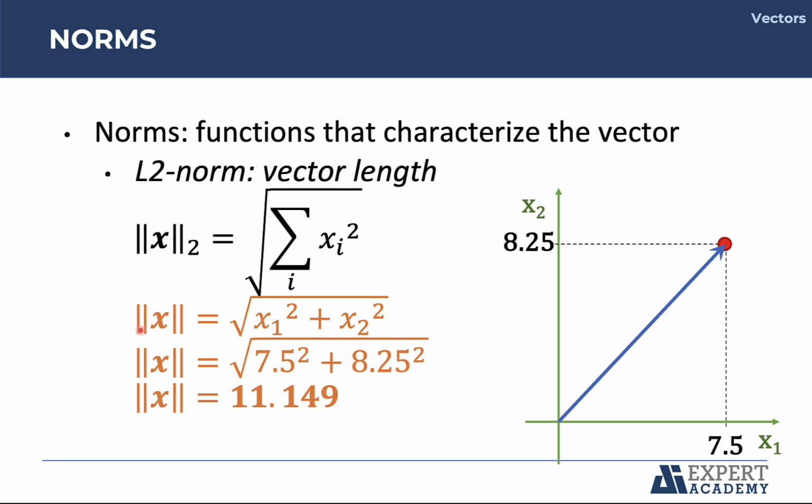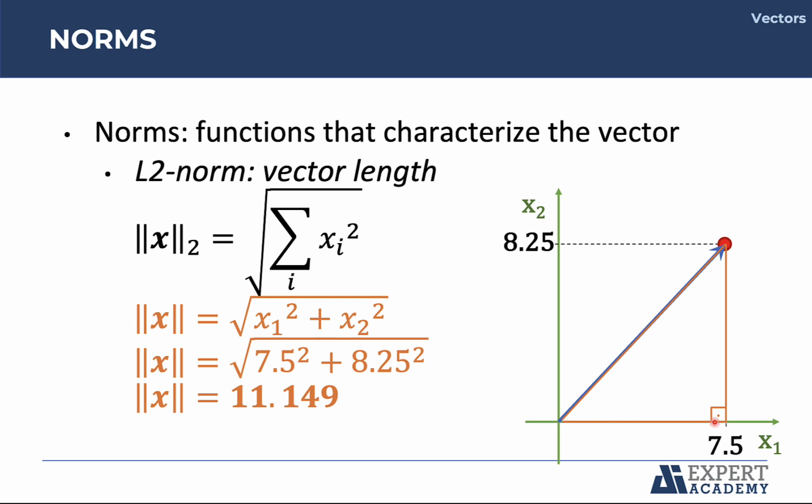After calculating the square root, the result is 11.14. Since L2 is the most widely used norm in machine learning, it is common to refer to it as the norm of x without the subscript 2. Notice in the graph that the vector is equal to the hypotenuse of the right triangle with sides equal to x1 and x2.